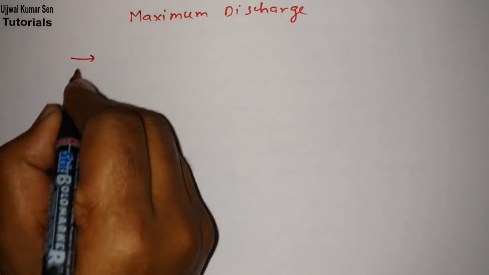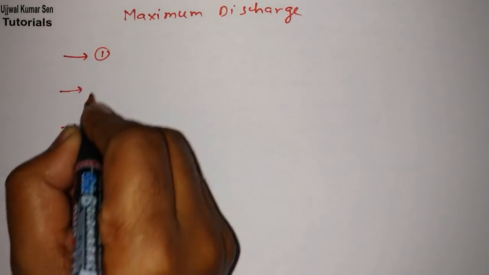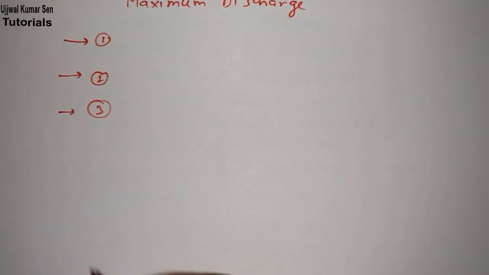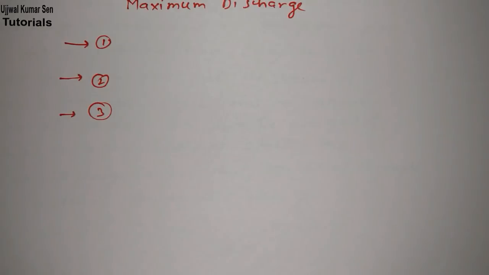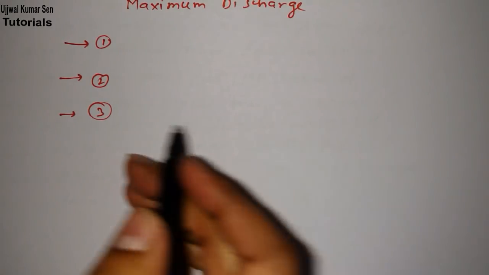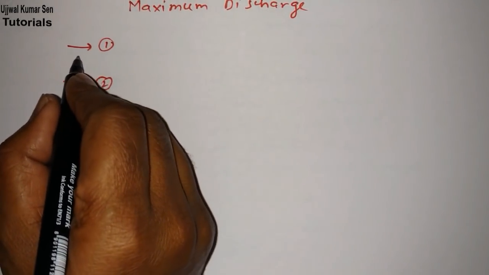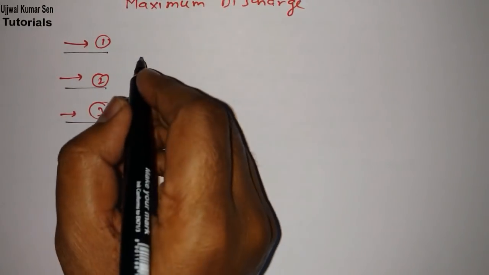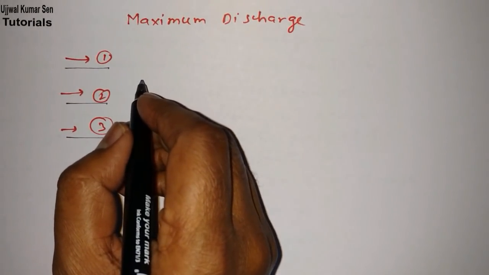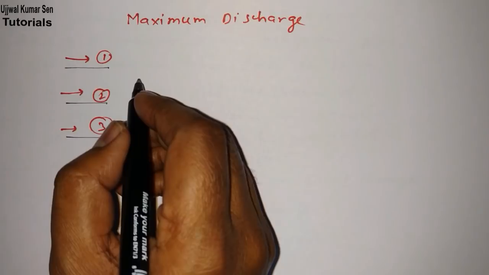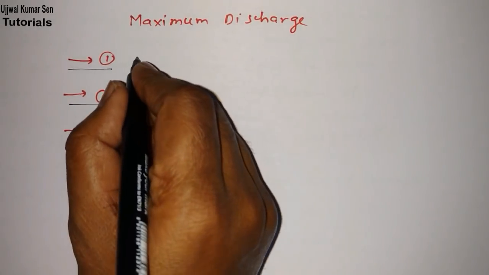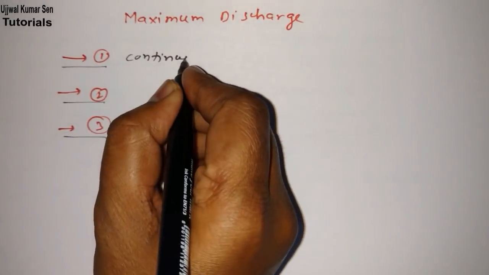So basically 3 formulas you require as per the question requirement, and this question was already asked in GATE, I think for 1 or 2 marks, right? I couldn't remember for how many marks they asked, but yes, I actually noted down the question. Definitely I will share it with you. So the first formula we require is the continuity equation.